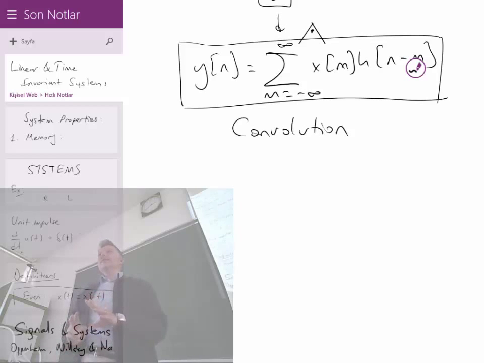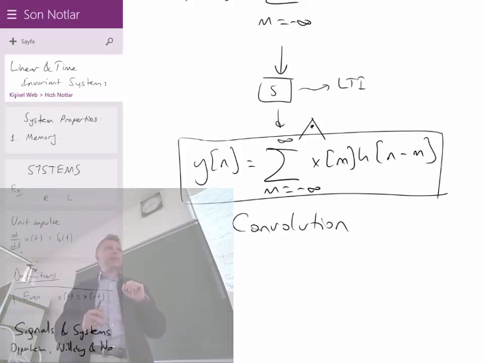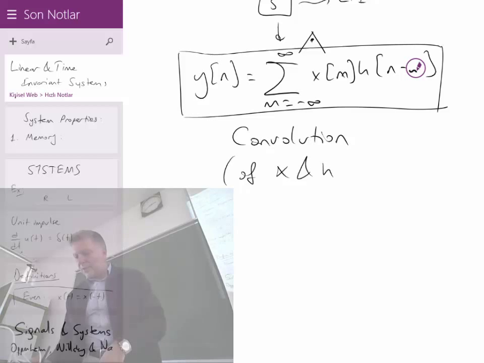Convolution requires two parameters. The convolution sum corresponds to the specific case that h is equal to delta. But in general, for any given h and for any given x, this is the convolution of x and h. It's the formula for the convolution of x and h.